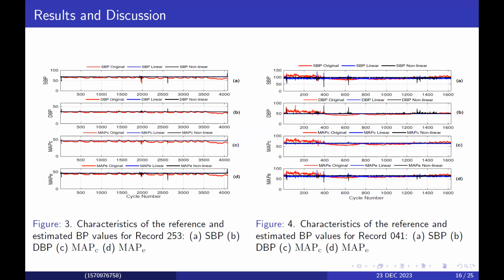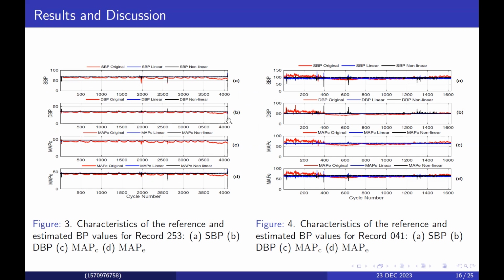Now, if you look at the results, figure 3 depicts the reference and estimated BP values for record 253. Red indicates the original value, and blue and black indicate the linear and non-linear estimated values respectively. And this is for record 041.